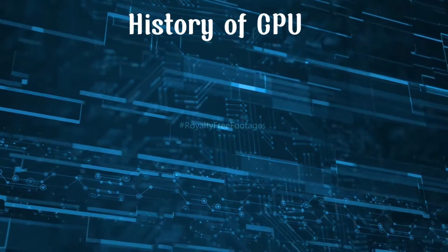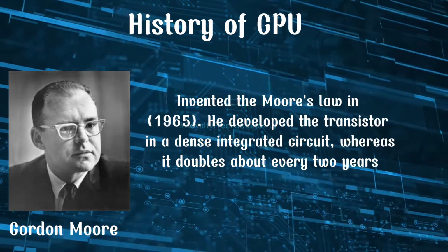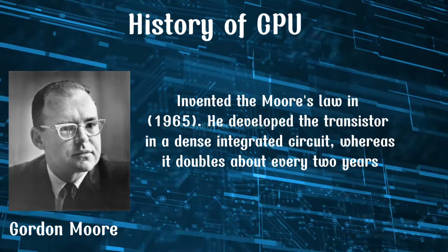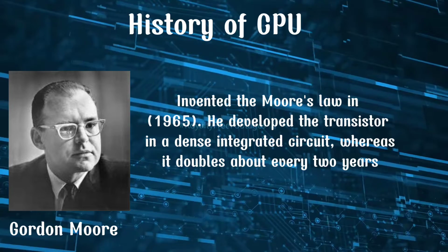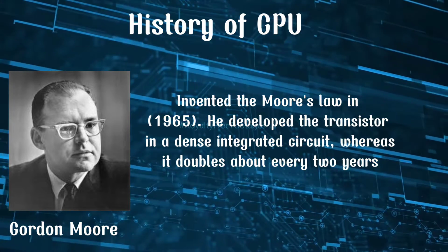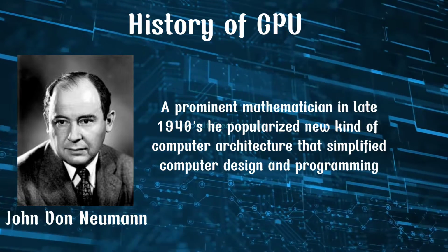History of CPU. There are some people who improved our CPU. The first one is Gordon Moore. He invented Moore's Law in 1965, and he developed the transistor in a dense integrated circuit, and it doubles about every 2 months. The next one is John von Neumann.